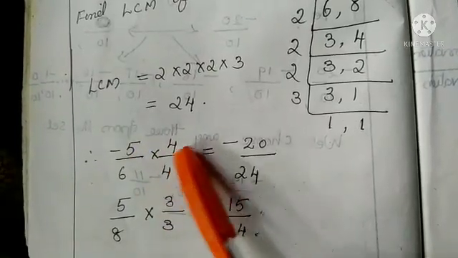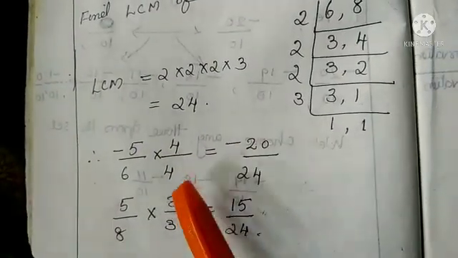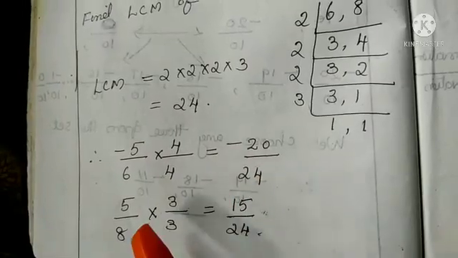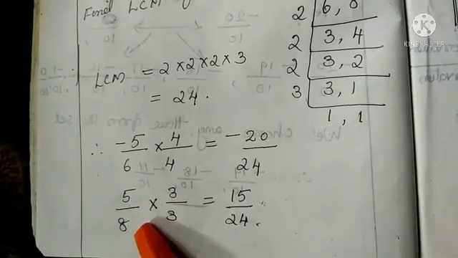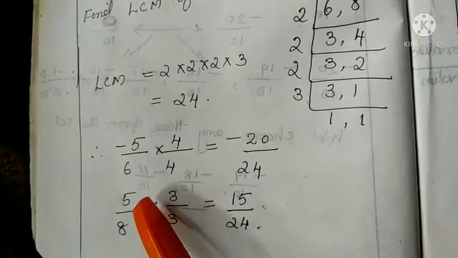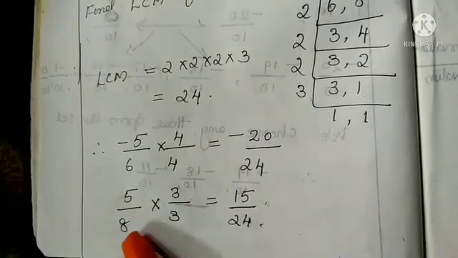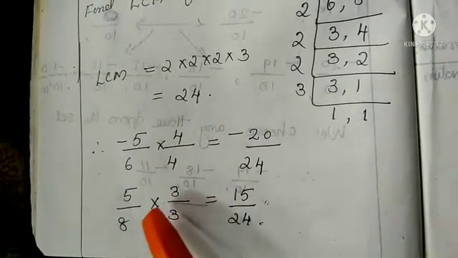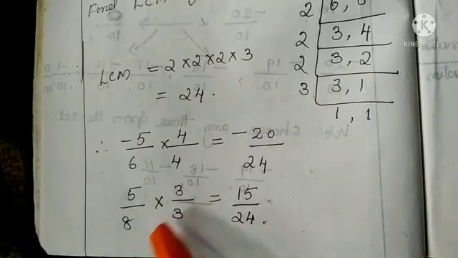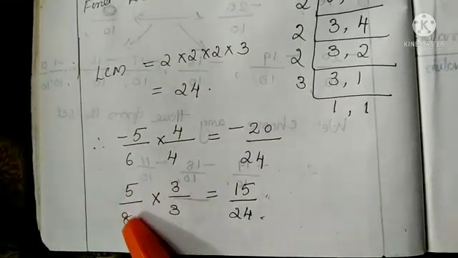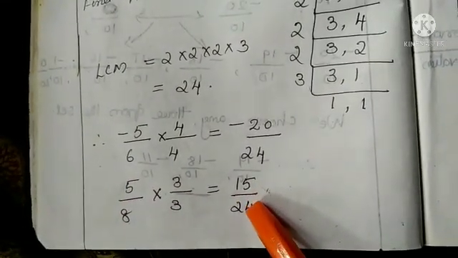Negative 5 into 4 is negative 20, 6 into 4 is 24. The next rational number was 5 by 8. To make 24, 8 into 3 is 24, so we multiply by 3 by 3. So instead of 5 by 8, we get 15 by 24.